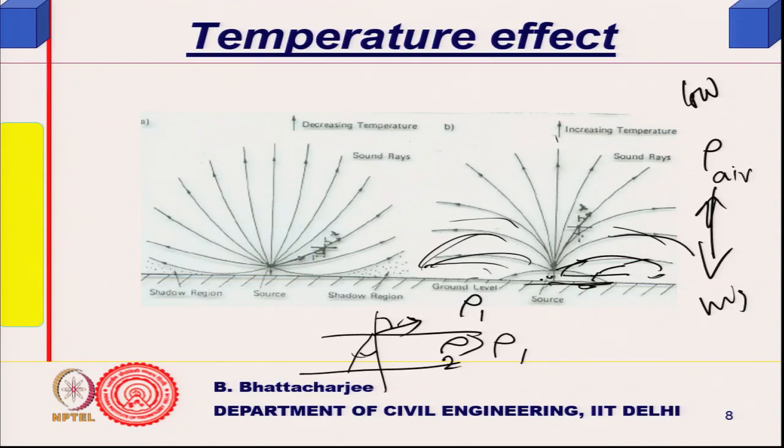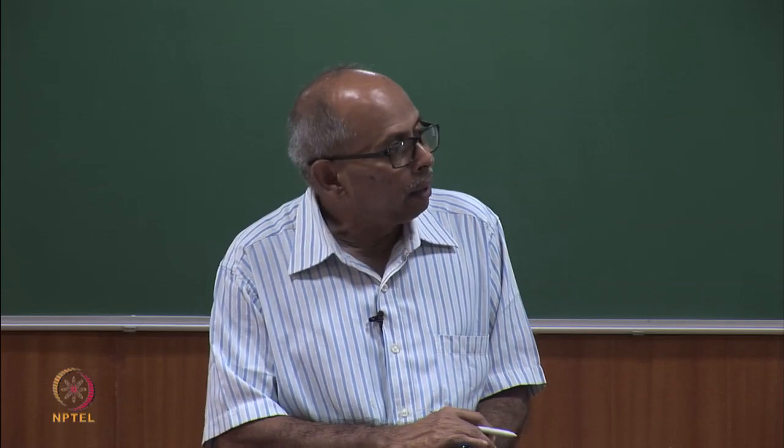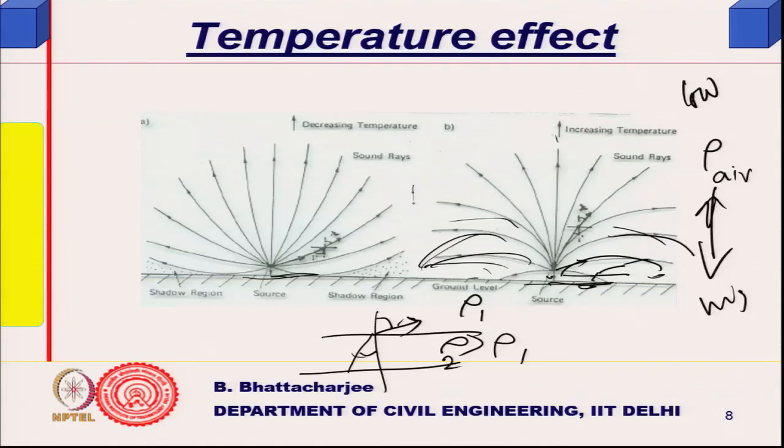While when the ground gets heated at the end of the day, the temperature here is higher. So, density will be decreasing with temperature, and rho will be increasing along this direction, so rho at the top is greater than rho near the ground. This would have the opposite effect.